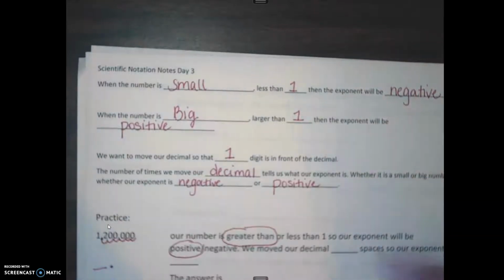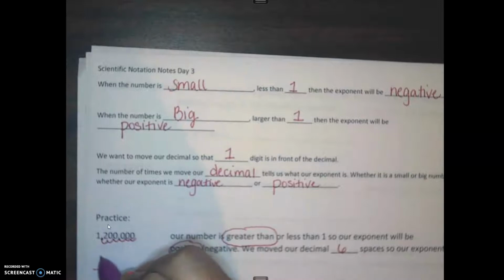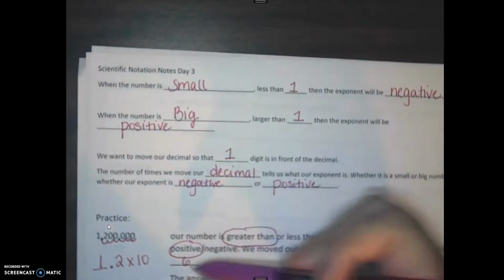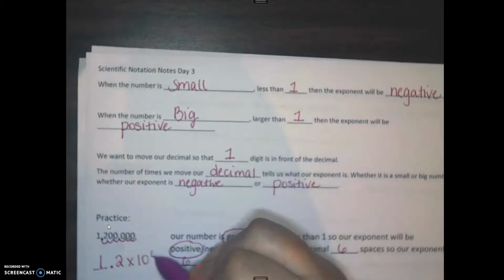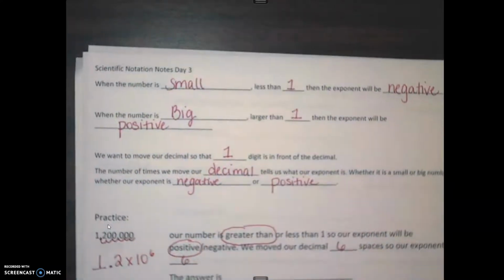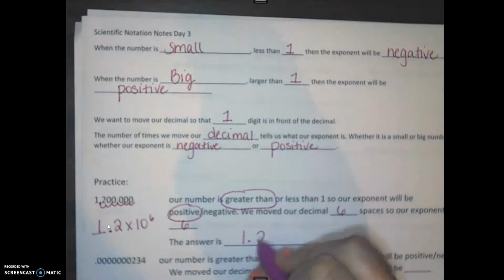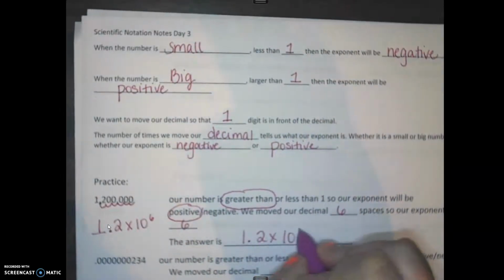So I had to move my decimal 6 spaces, so the exponent will be 6. I have 1.2 times 10, and the exponent is 6, and that was a big number, so it stays positive. Our answer is 1.2 times 10 to the 6th power.